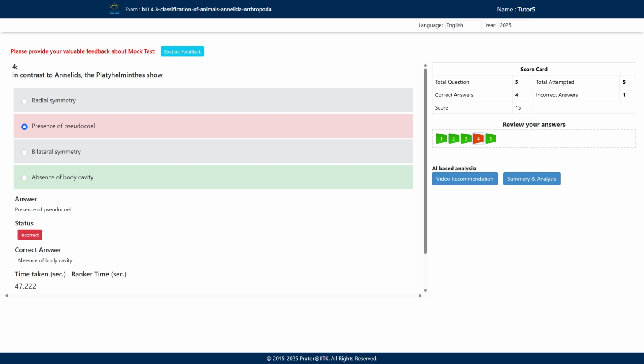So they have the absence of body cavity, and this is the correct one. Platyhelminthes show absence of body cavity. Yes, acoelomate. That is why this is the correct one. Okay, so this is all about today's session. Thank you very much for attending today's session.